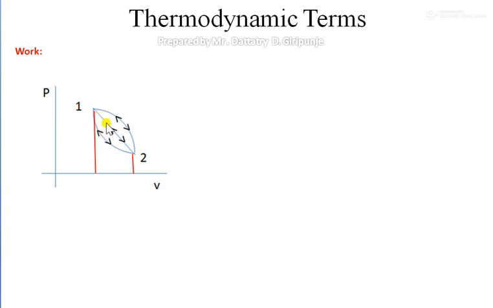Whatever area is present below that line, the shaded area, will represent the work done by the process from 1 to 2 following this path.